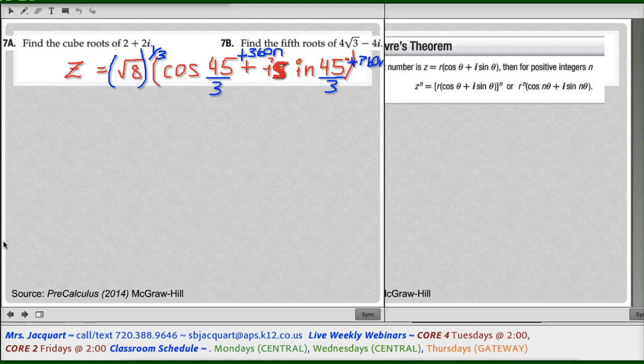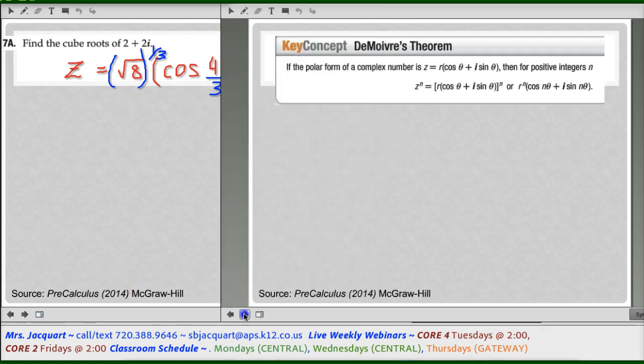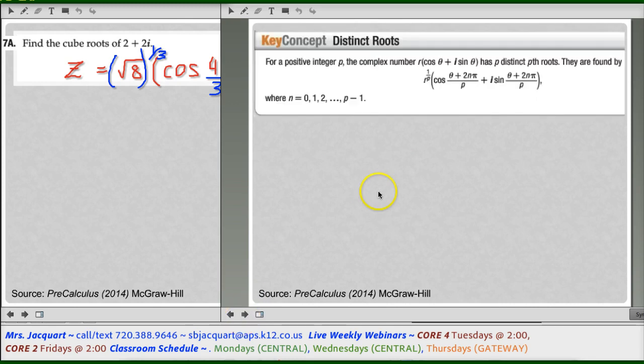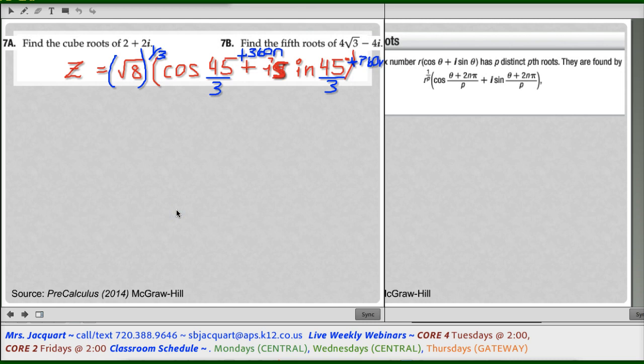Okay, because over here, oh, I'm on the wrong rule. Over here you see it shows 2 pi n. 2 pi is the same as 360, so we're going to work that.